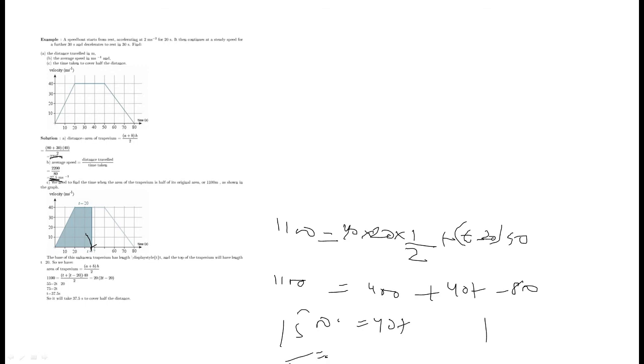So t equals 1500 by 40, equal to 37.5. Yes, the answer is correct. So this is all.